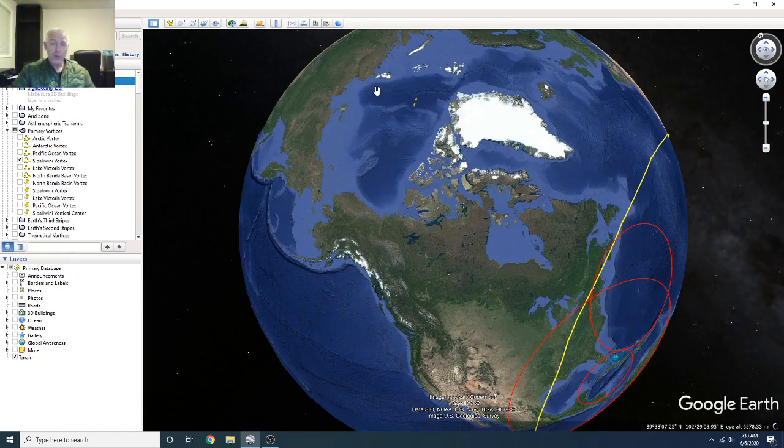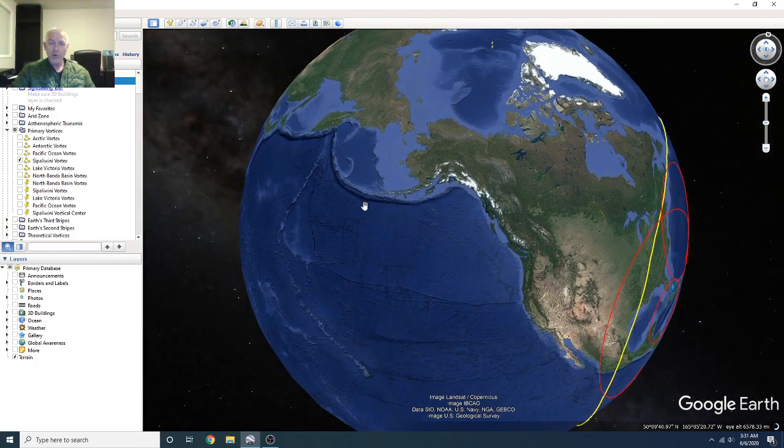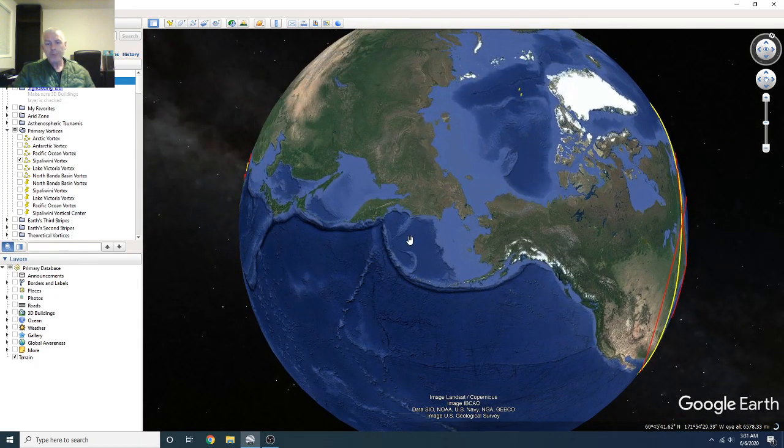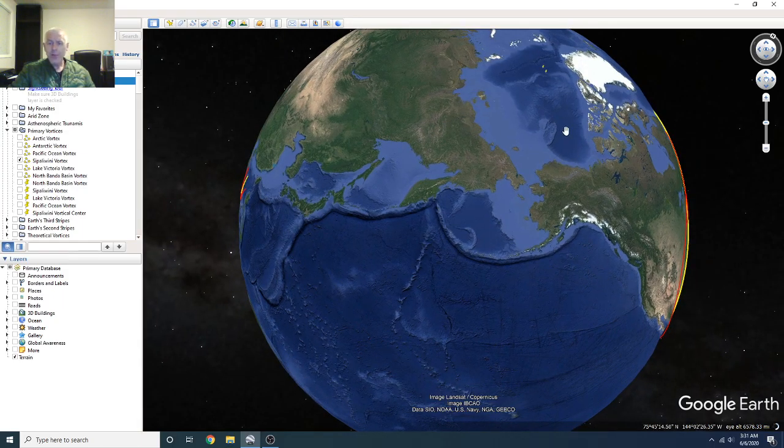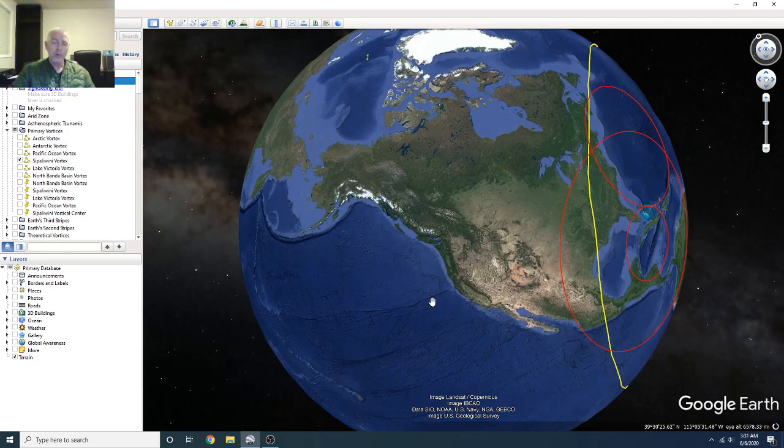And naturally, this big fracture here is like the epicenter of all big fractures, apparently, or big events. And maybe this occurred first. Because you see how this is overlapping right here, right? And this is overlapping here. It could be that the Aleutian Island tsunami was not a product of this impactor, but a product of one of these impactors.